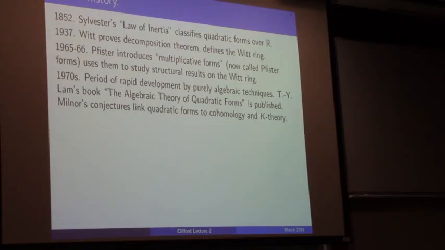So at that point, John Milnor, a great topologist, became interested in the subject and introduced what's now called Milnor's K-theory, and stated his famous conjectures that guided the development of the subject for the next 30 years or so.